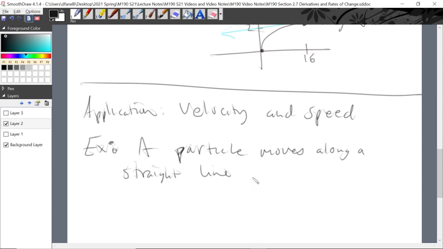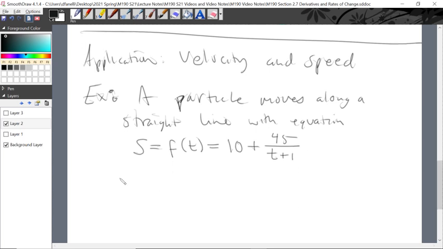A particle moves along a straight line with an equation of motion s is equal to f of t is equal to 10 plus 45 over t plus 1, where s, the position, is measured in meters, and t, the time, is measured in seconds.